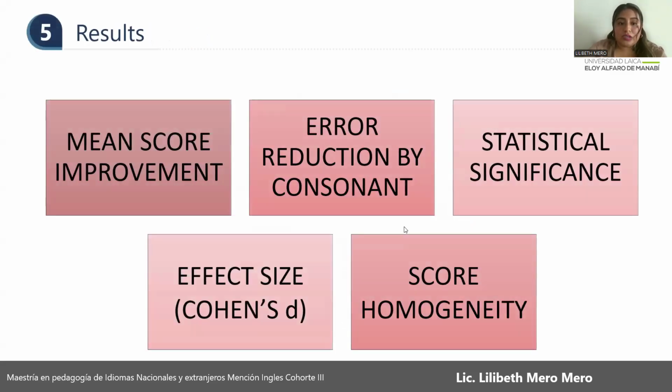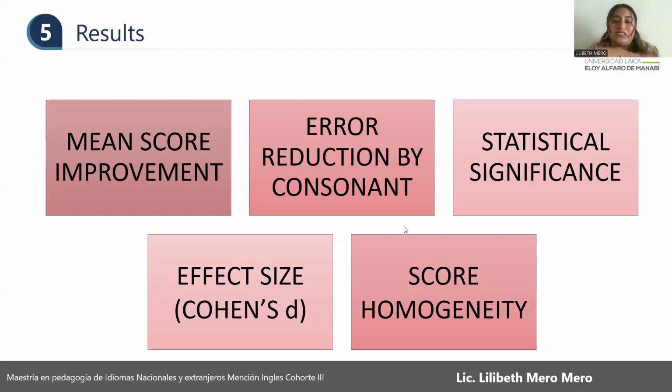Okay, results. In figure 1, we can observe the comparison of mean scores: pretest mean 5.8, posttest mean 8.2, improvement 41%. The statistical analysis showed t(29) equals 9.47, p less than 0.001.